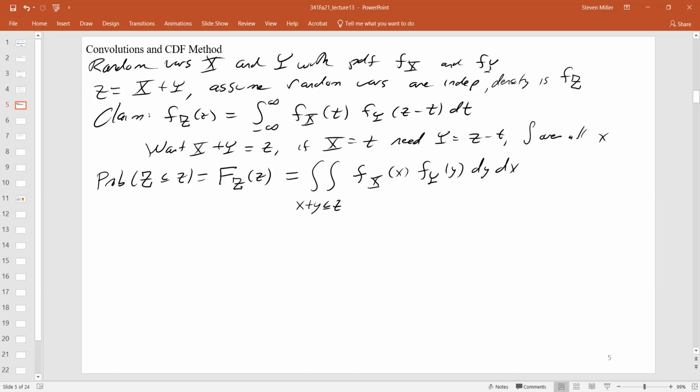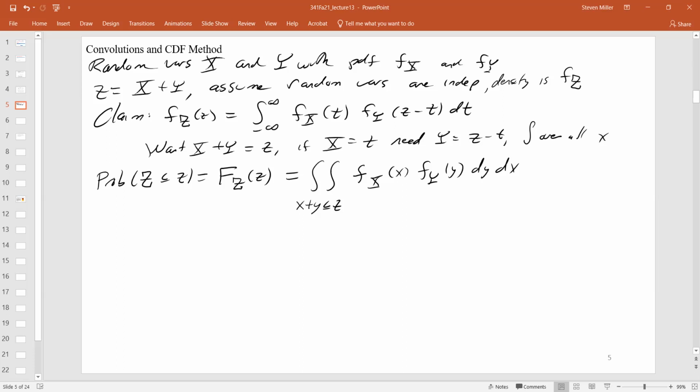If we integrate over all pairs where x and y add up to at most little z, then this is the probability that big Z is at most little z.